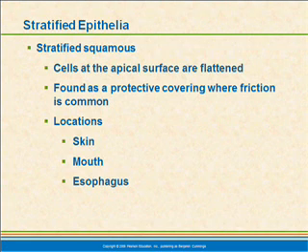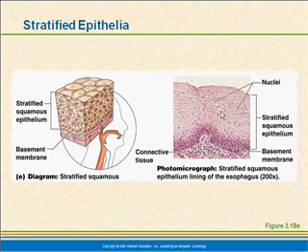What this looks like is just this. This is the epithelium lining the esophagus. So food passes through here, and these upper cells, being dead cells, protect the tissues below from any damage. So this is the connective tissue.